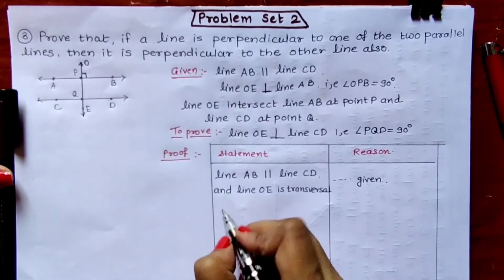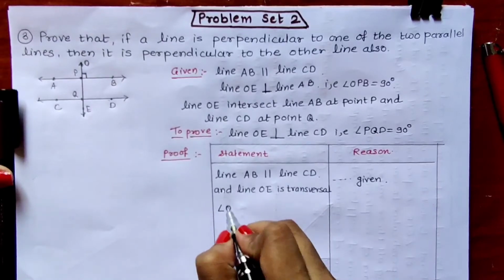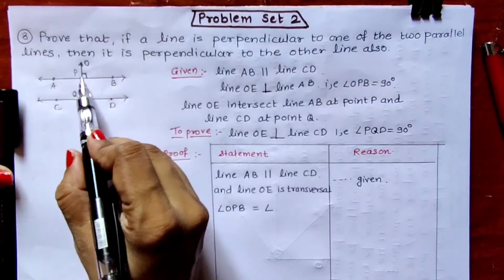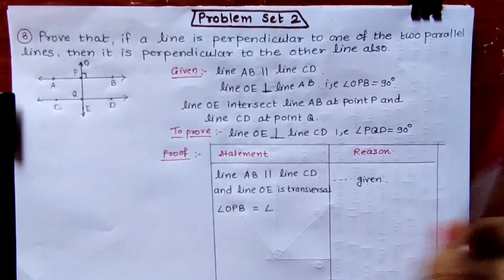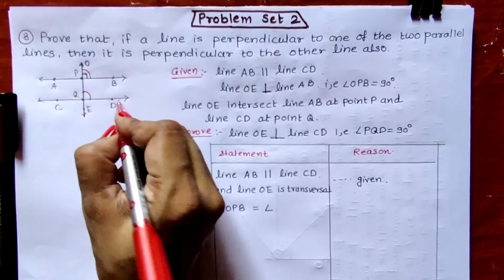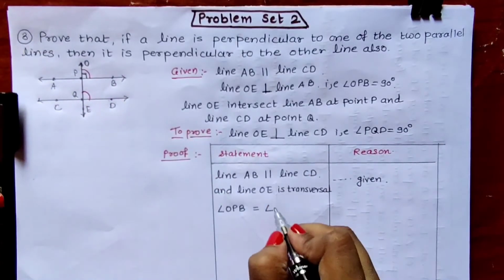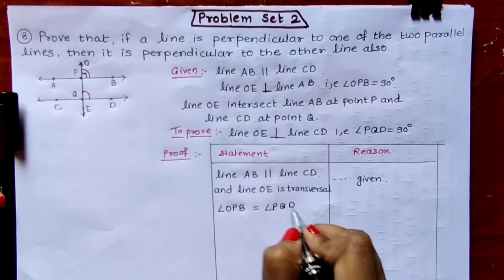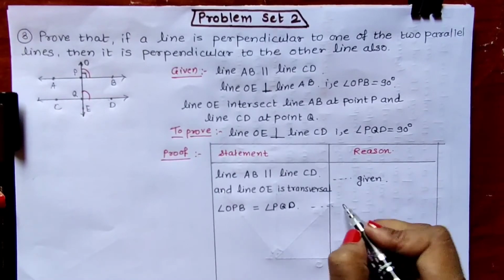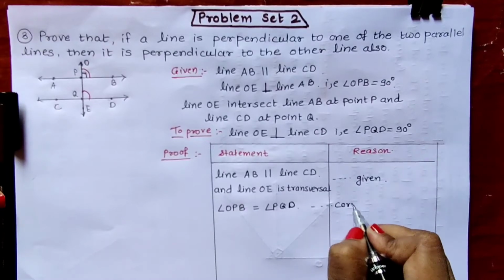We all know that. So here we can write angle OPB is equal to angle PQD, correct? These two angles, angle OPB and angle PQD. What reason we can write here? Corresponding angles.